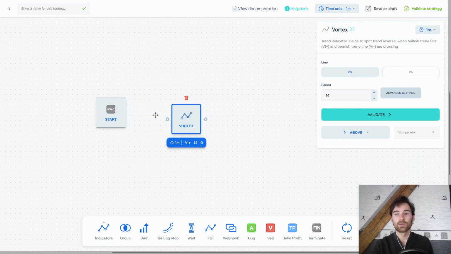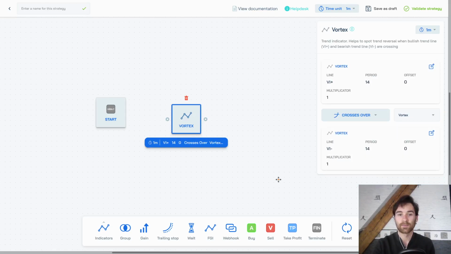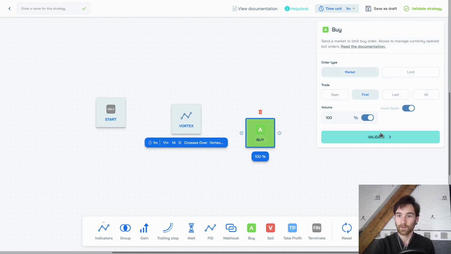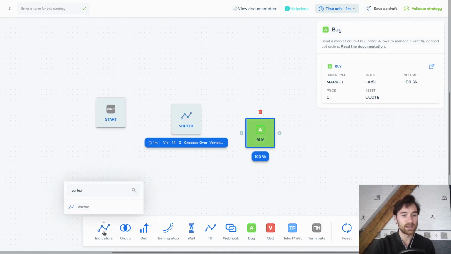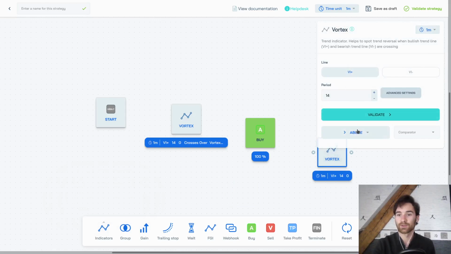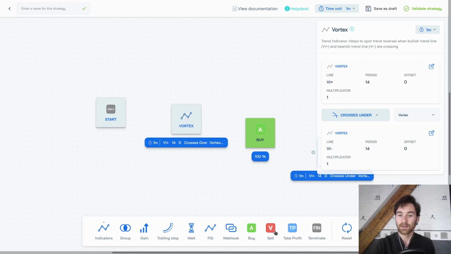What I want to do is to wait for the VI plus line to cross over the VI minus line. Okay. Then I want to buy. Then I want to wait for the VI plus to cross down, that's the difference, the VI minus line. And then I want to sell.